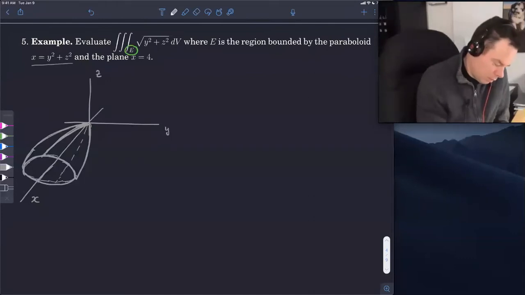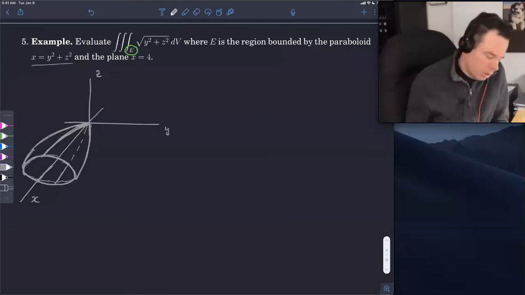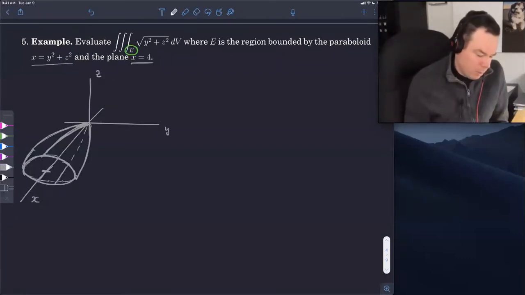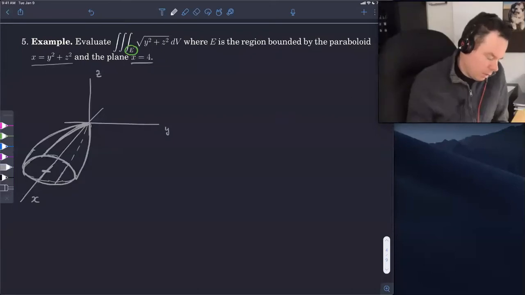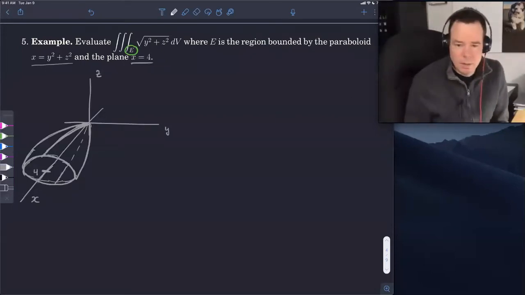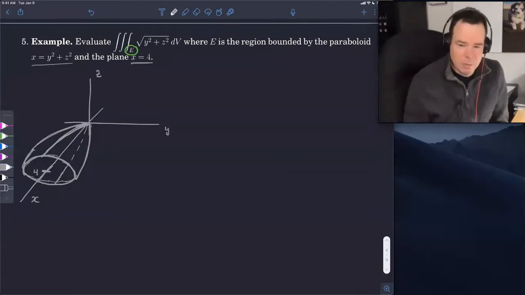Since we can see through there, we can make that a little bit solid, because now there's nothing preventing us from seeing it, because we chopped it off. So there's our paraboloid, and we want it to be bounded by the paraboloid and the plane x equals 4. If we indicate x equals 4, then it's going to be trapped between this end cap, if you want to think of it as an end cap, or this cap on the paraboloid, and the stuff inside.